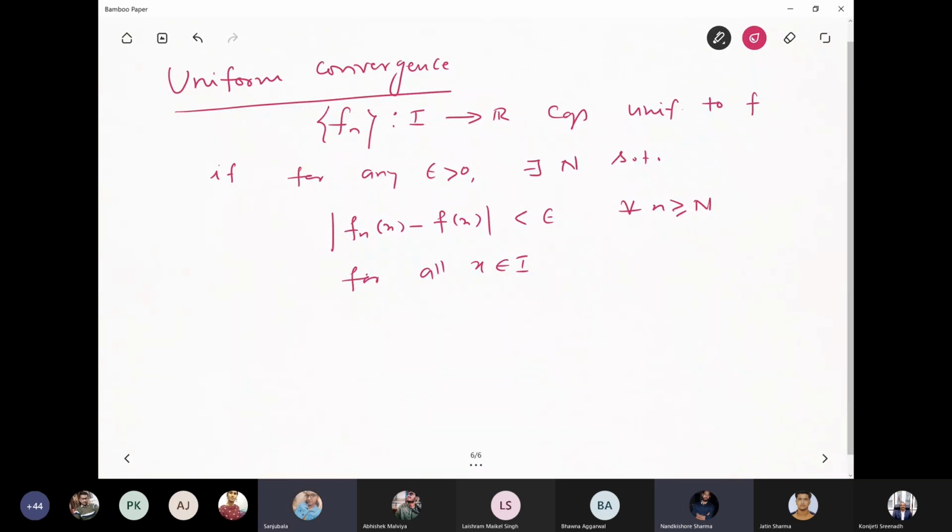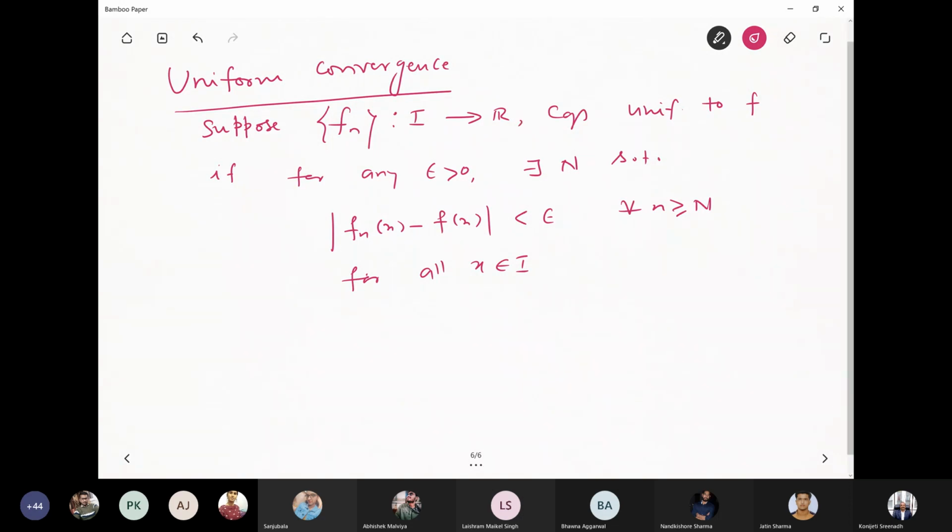So the uniform convergence is: suppose f_n is a sequence of functions.